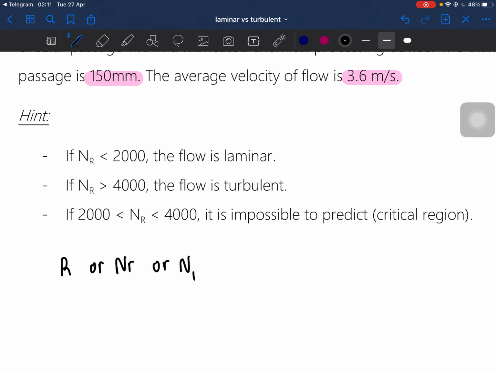I'll use this one, which is as in the original exercise. So NR is V, which is the velocity, D, and rho, the density. This is the symbol of it.